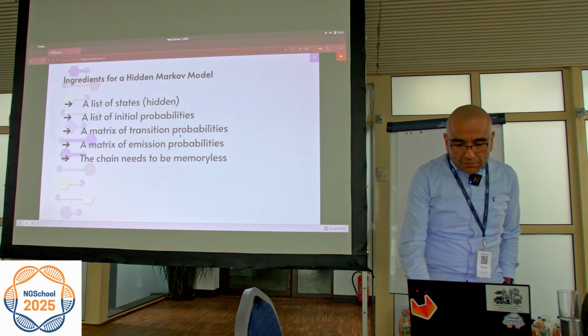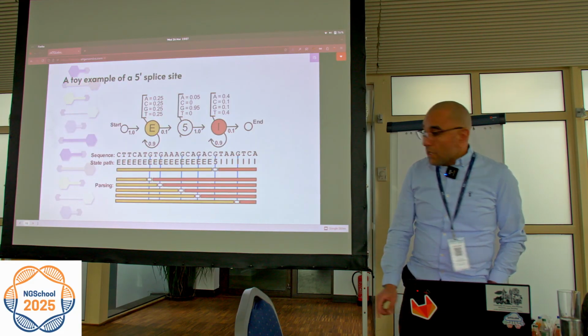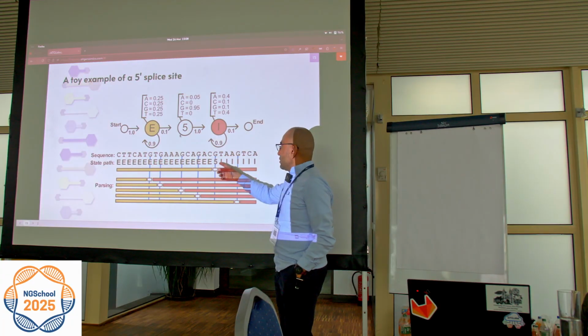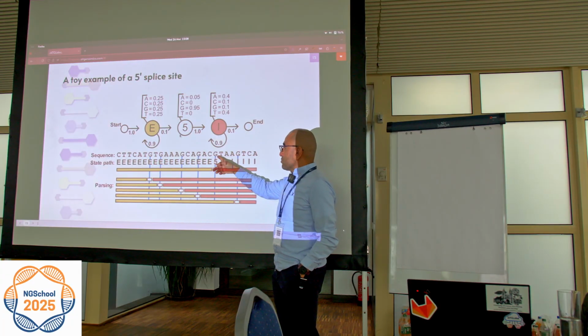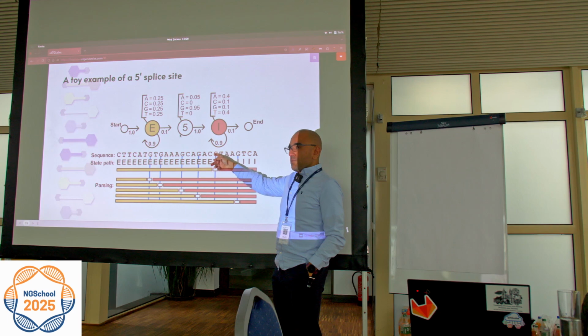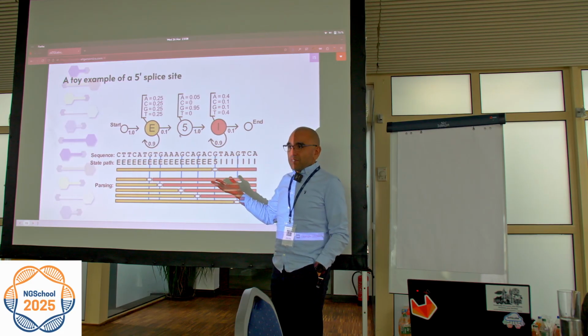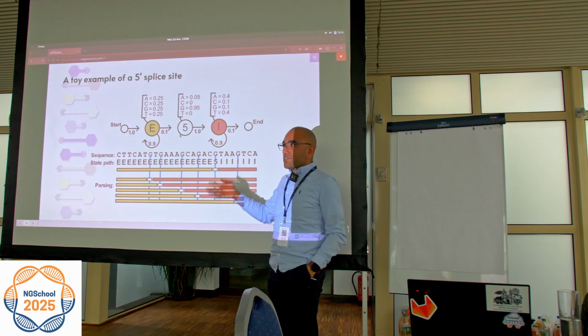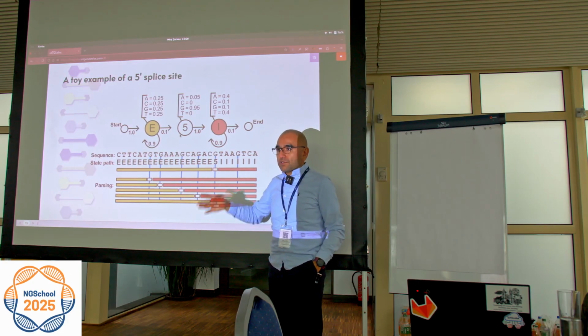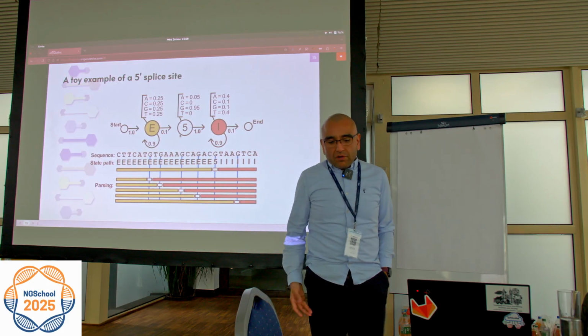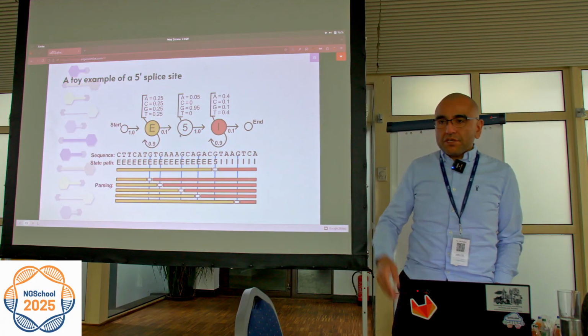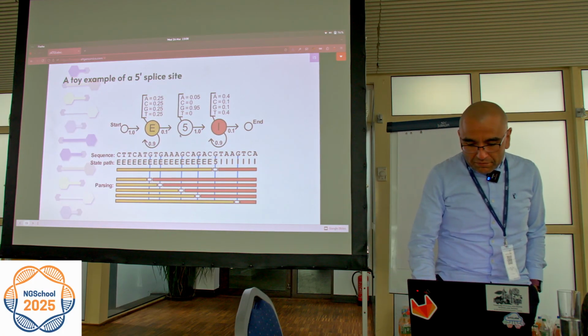A sequence here, which is not true all the time, doesn't have to be part of an exon if it is a splice site. There are some violations to this, like in alternative splicing, where actually the donor is part of an exon. But in regular conditions, we assume that two states might be mutually exclusive.